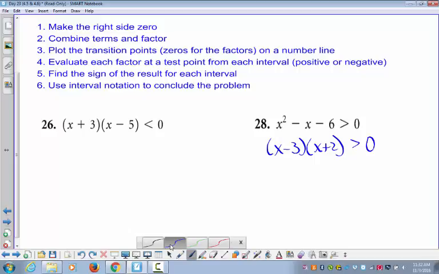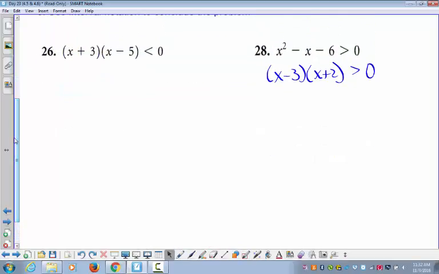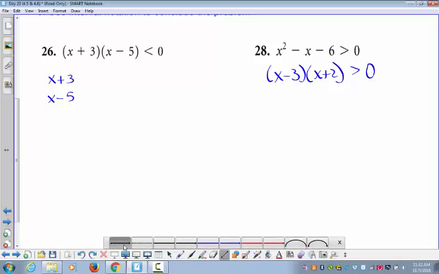And then what we have to do is set each factor equal to 0 to find the zeros. Okay. Here's how we're going to do it. We're stacking our factors, and then we're going to look at a number line.